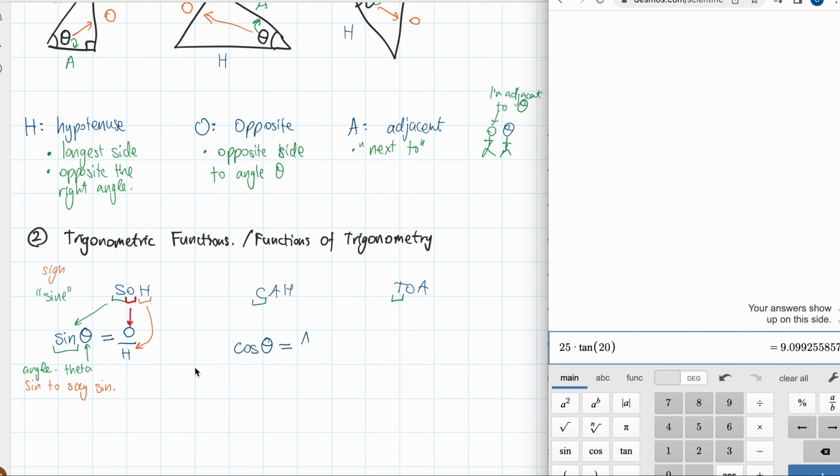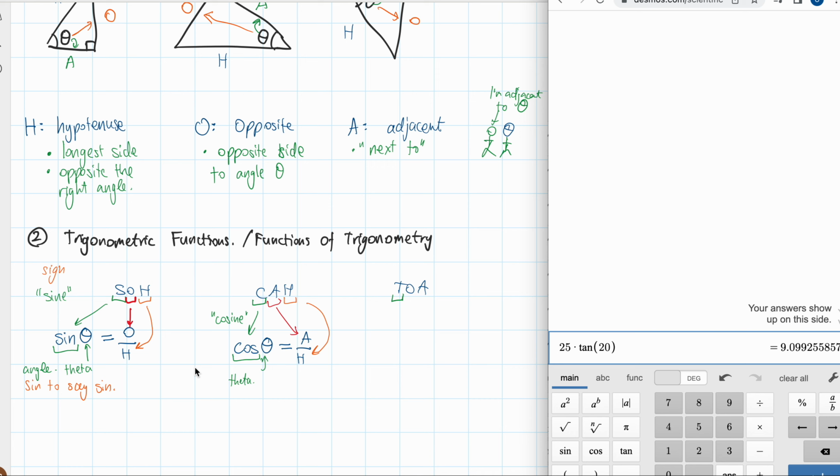A over H. So C belongs to cosine. Then we've got the adjacent going here, and the hypotenuse going on the bottom. Do you see that pattern coming up again?